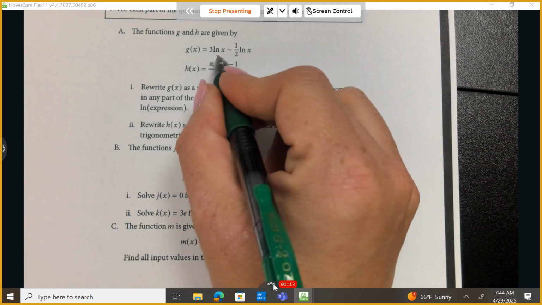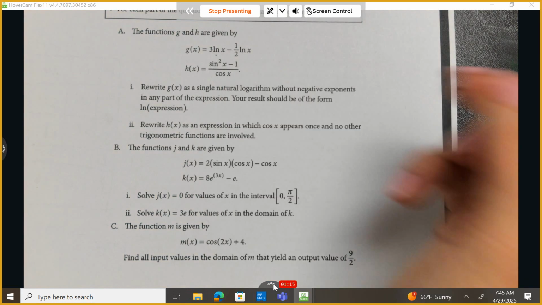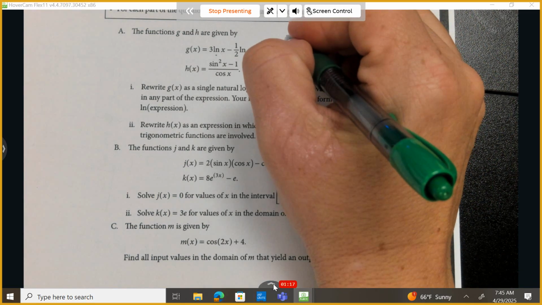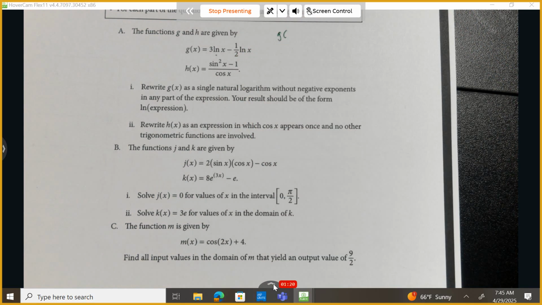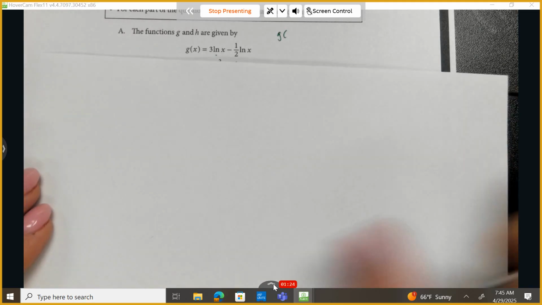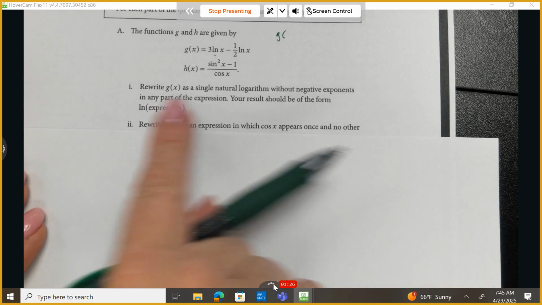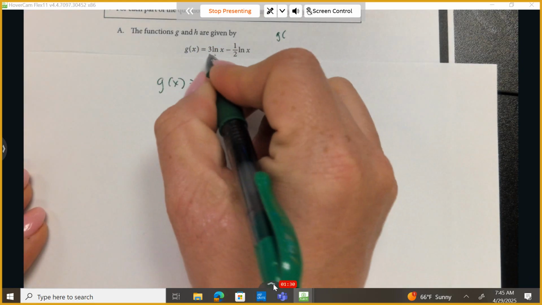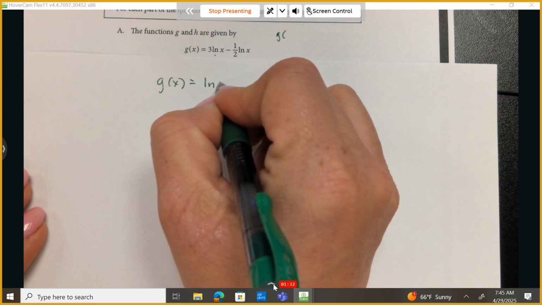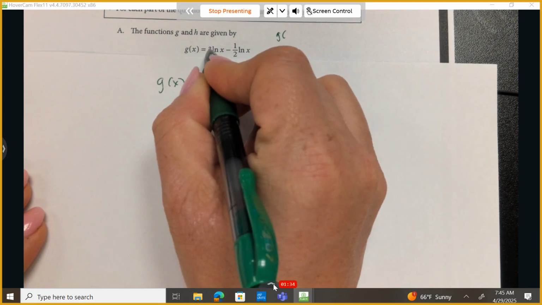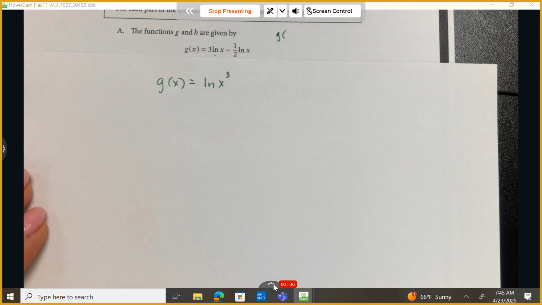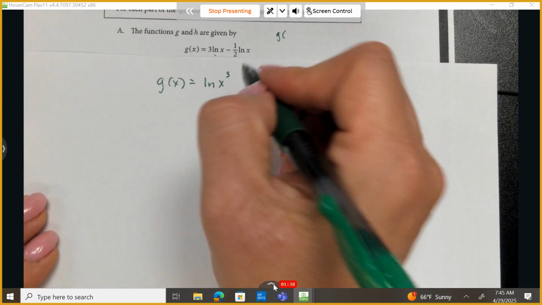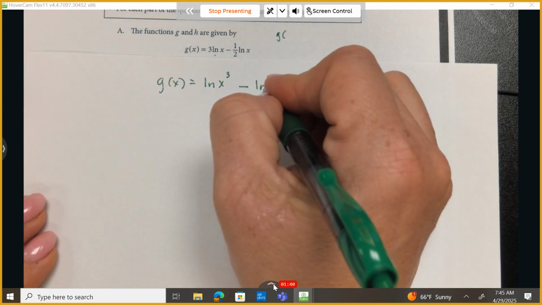So we both have log base e, or ln. I can write this as g of x, and I should probably grab a piece of paper and give myself a little extra space. So I'm going to start with g of x. They want a single one. So g of x is equal to 3 ln of x, and this value out front becomes the exponent as I'm starting to compress this, subtract 1/2 ln of x.